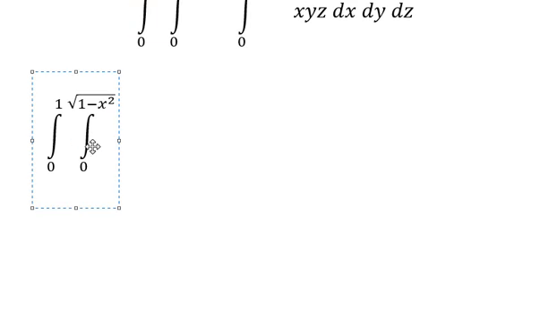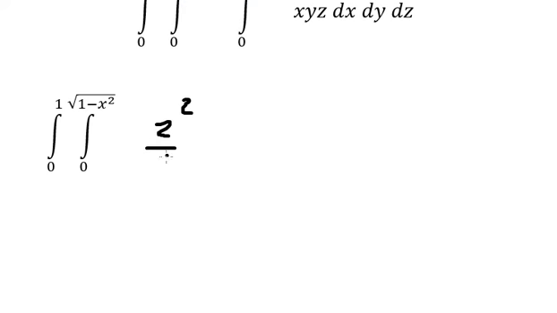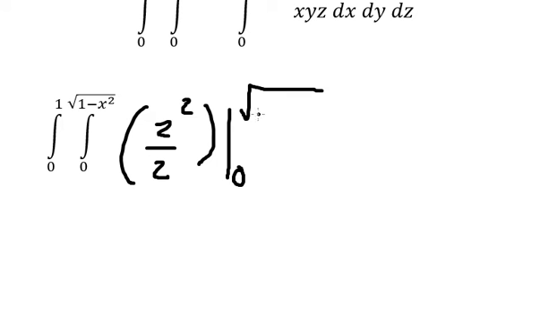So this one we will have z squared over 2 and we put the bounds from 0 to the square root of 1 minus x squared minus y squared. And then we have xy, we put this one in here.